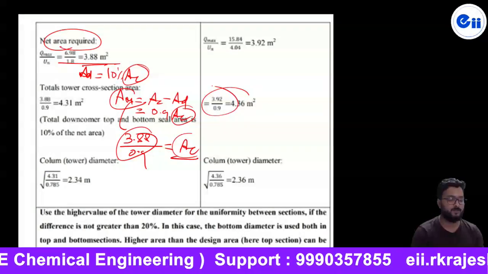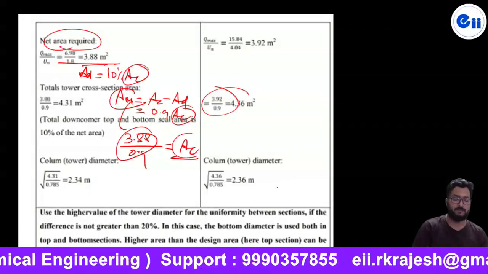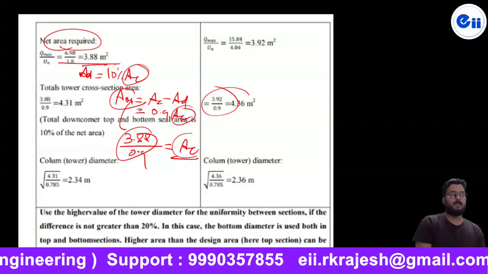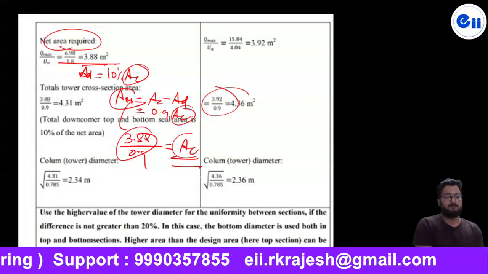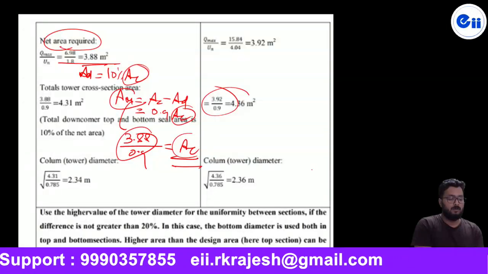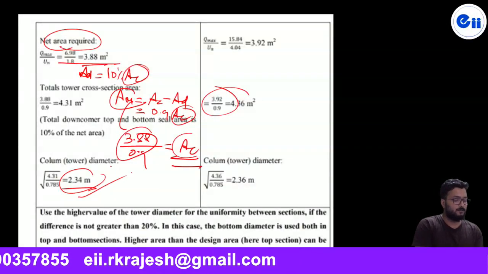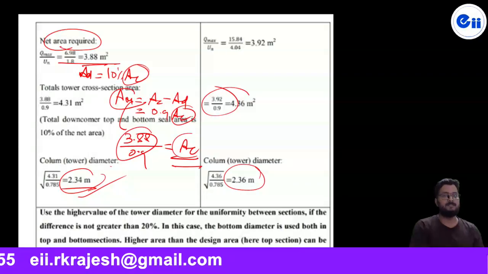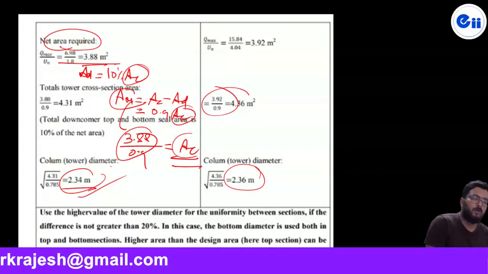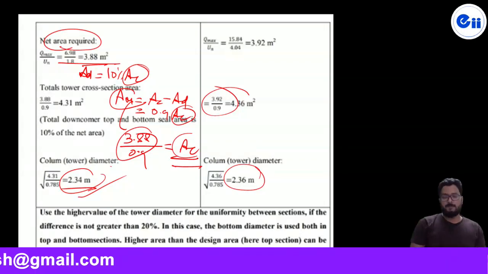Similarly here also the same thing is going to happen on the right side also. So we are able to calculate the column area at the top and the bottom, okay, and the corresponding diameter. The 2.34 diameter I have calculated at the top and 2.36 at the bottom. Now actually this does not happen in real practice, that the diameter of the top is different and the bottom is different.